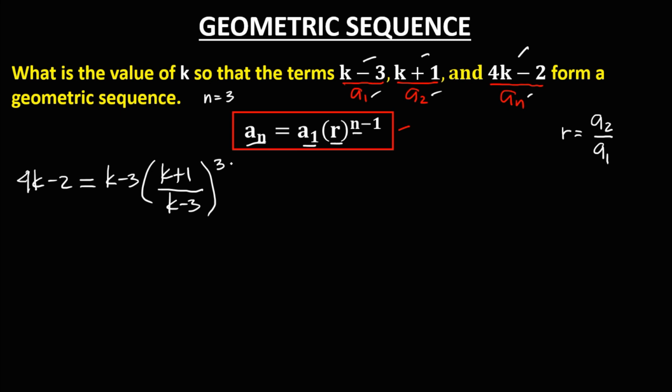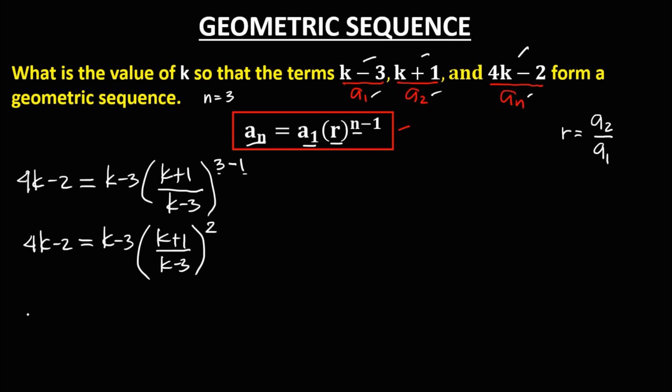So this becomes 3 minus 1. Then to simplify, we have 4k minus 2 equals k minus 3 times k plus 1 over k minus 3, quantity to the power 3 minus 1. This one is equal to 2.